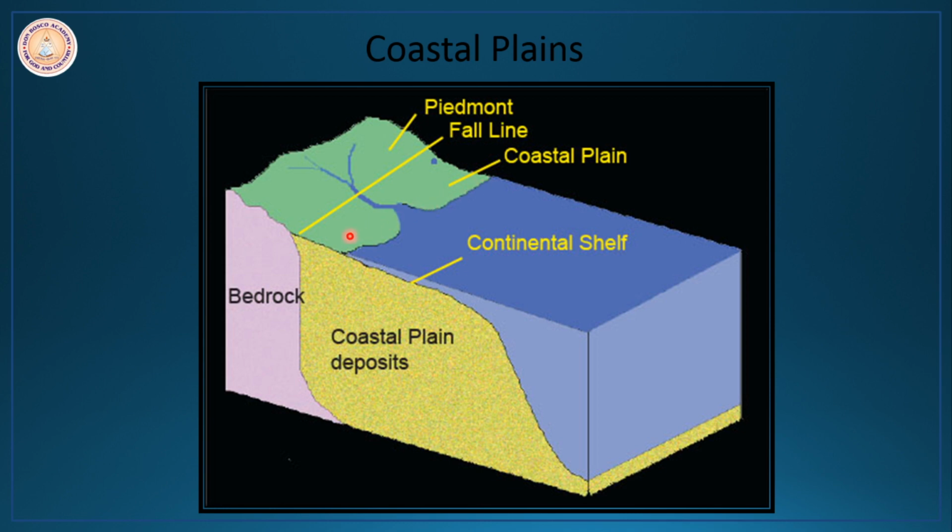It forms tidal lowlands and coastal swamps, and such examples of coastal plains are found in Belgium, the Netherlands, and also large areas of the coastal areas of India.